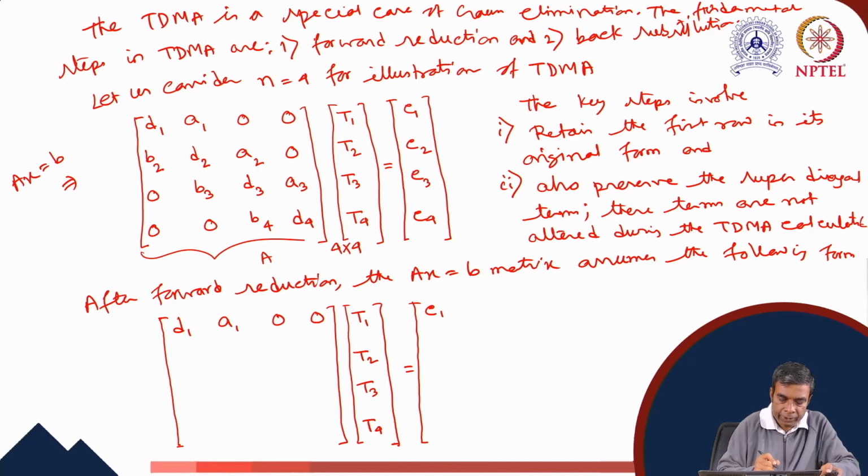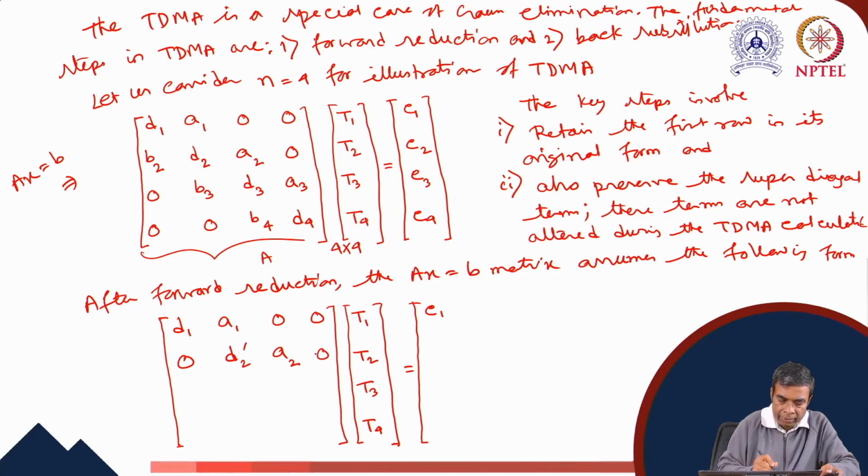Then we go for the next step. In the next step, B2, B3 and B4, they are all made 0. It means that the matrix becomes an upper bidiagonal form, or the subdiagonal is eliminated. So here we have 0. Then D2 becomes D2 dash, A2 remains as it is, and then the 0 is there.